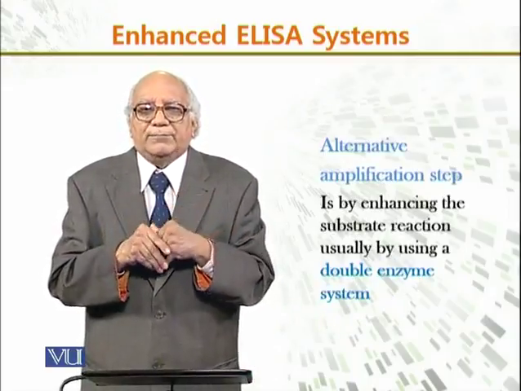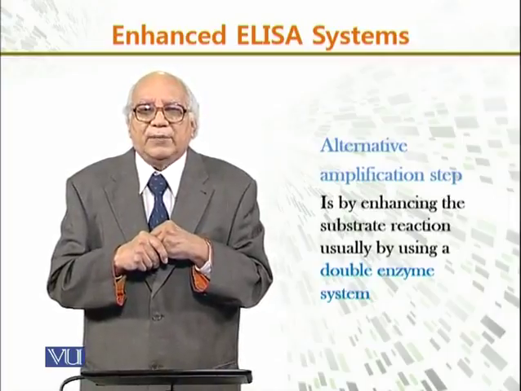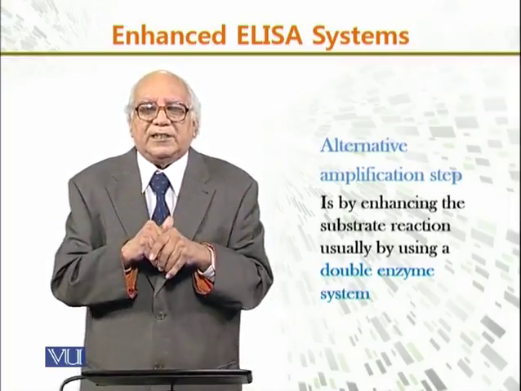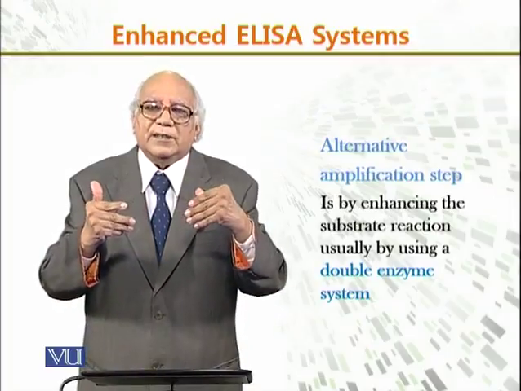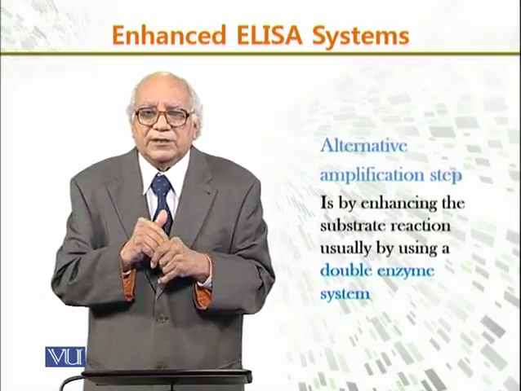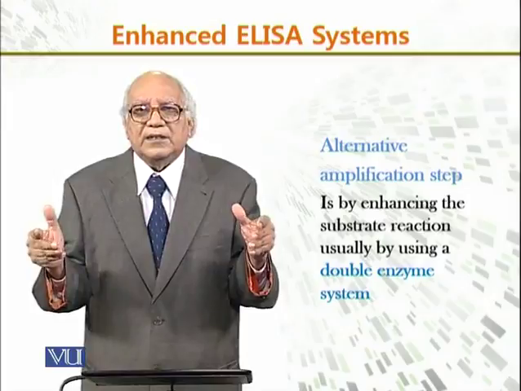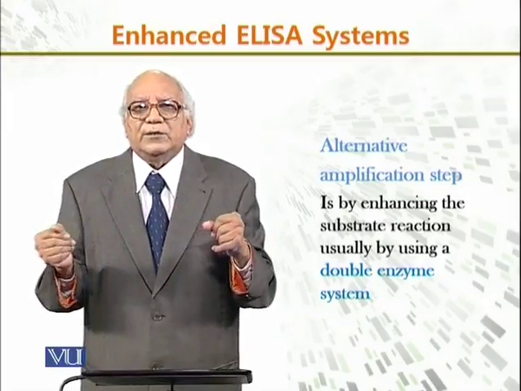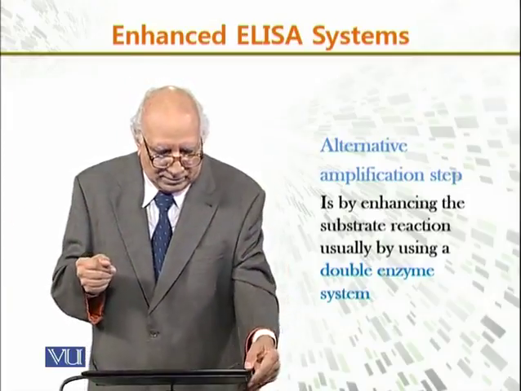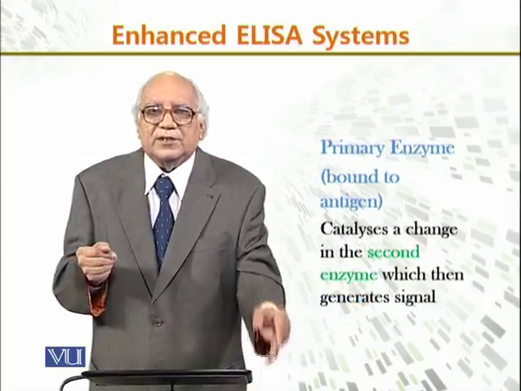Now, an alternative amplification step is by enhancing the substrate reaction. We can increase the substrate reaction as well, usually by using a double enzyme system. We use the double enzyme system and the reaction is increased.